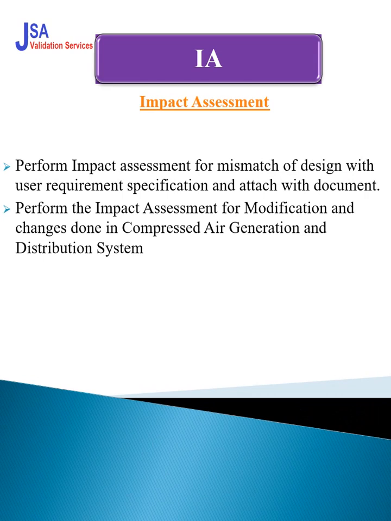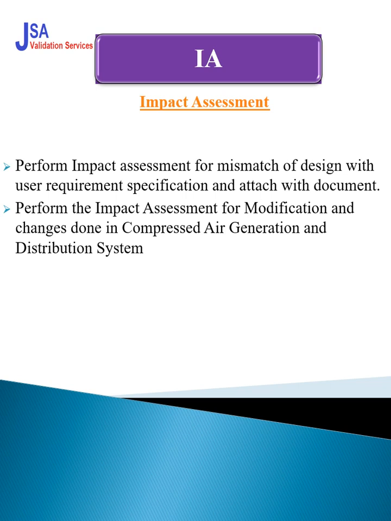Now IA means impact assessment. When we procure a new system, suppose a compressed air generation system and distribution system, what is the impact on the already installed facility, or what is the impact on other things?